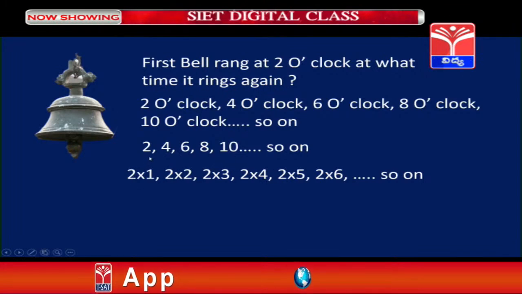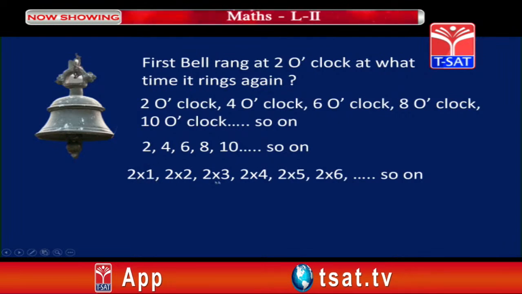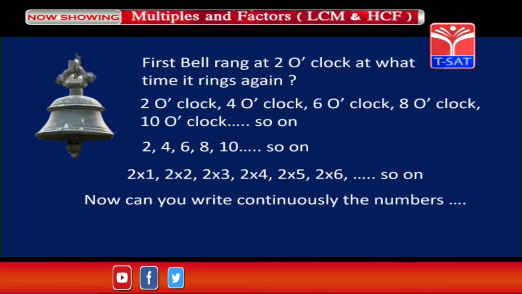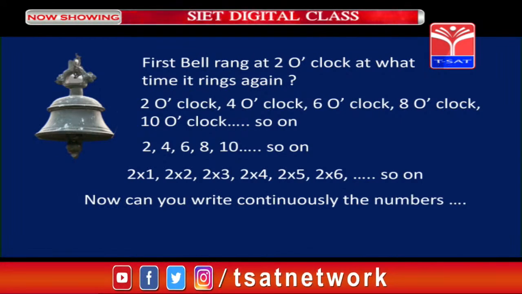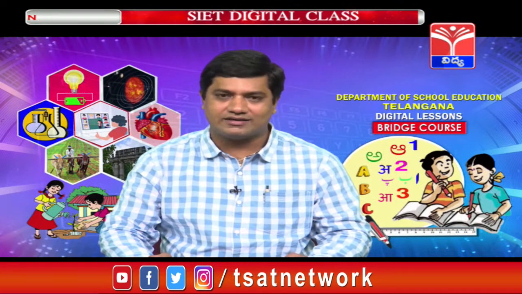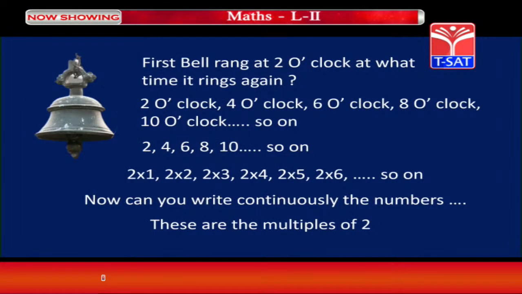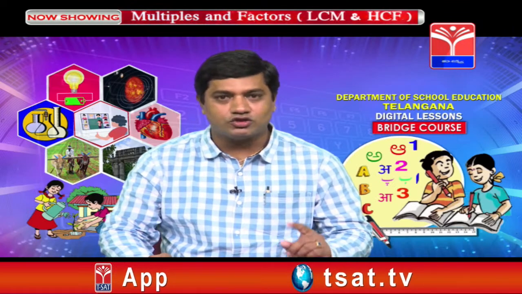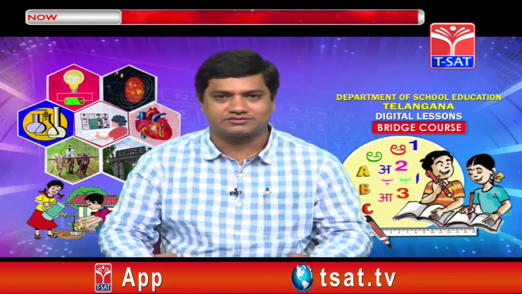So we get these numbers by multiplying 2 with all these natural numbers. Can you now write continuously the next coming numbers? These are called multiples of 2. We obtain these numbers by multiplying 2 with natural numbers.